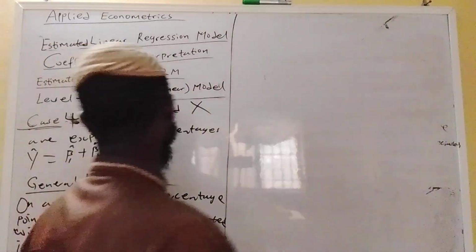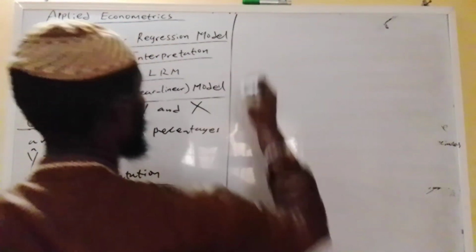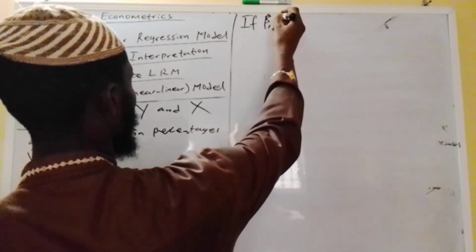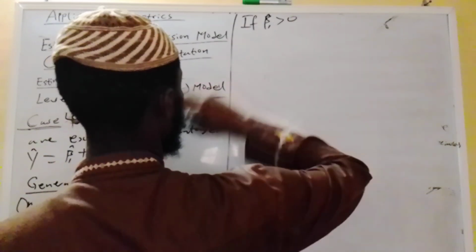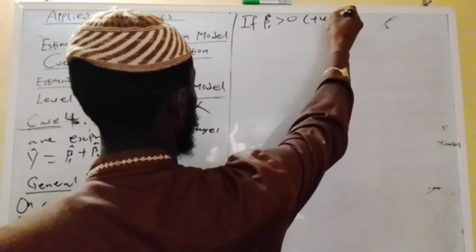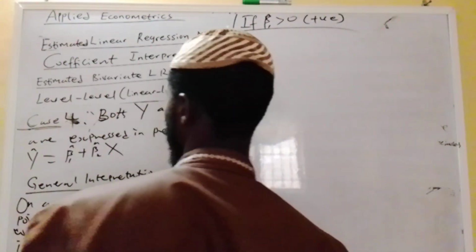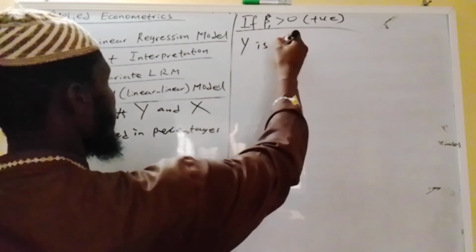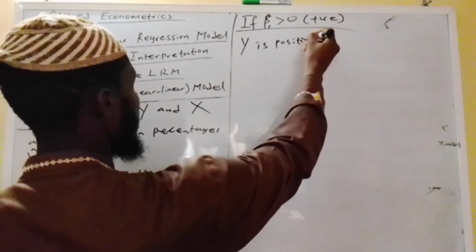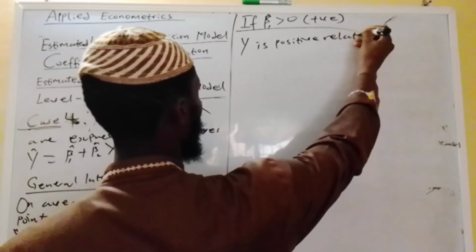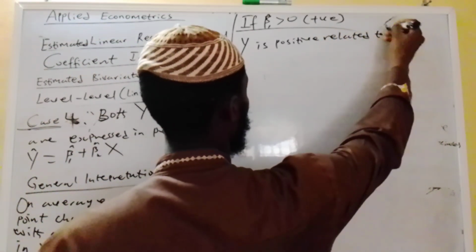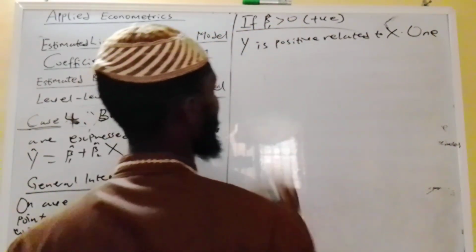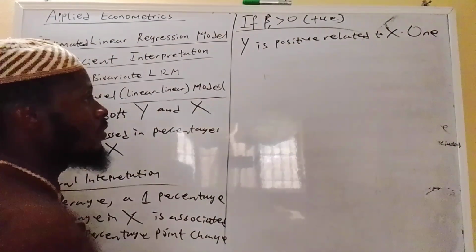Now let's look at a particular direction. What of the case where our beta 1 hat is greater than 0, that is, when it is positive? How do we interpret? The interpretation goes thus: on average, y is positively related to x because beta 1 hat is positive.